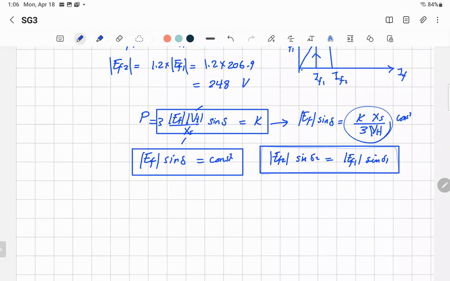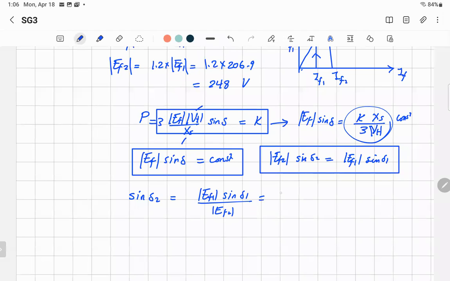From this equation, I can get the value for delta 2. So you can say sine delta 2 is equal to EF1 sine delta 1 divided by EF2. EF1, we already got it.